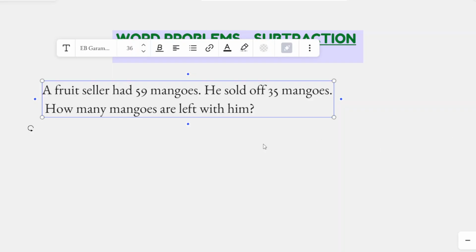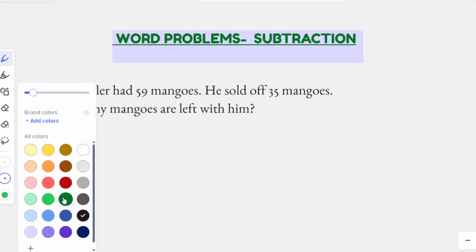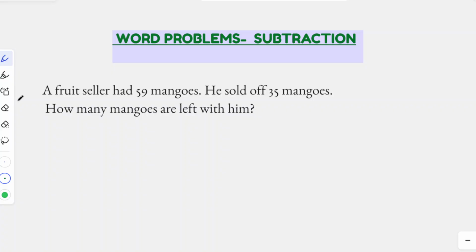All right? Okay, now let's see what we need to do first. We need to find the numbers. Step 1 is you understand the story. Second is that you find the numbers.